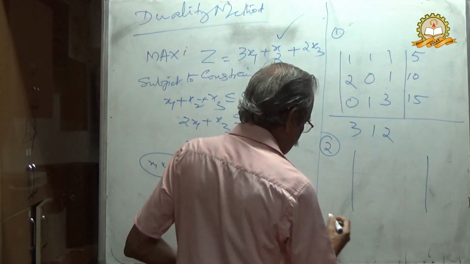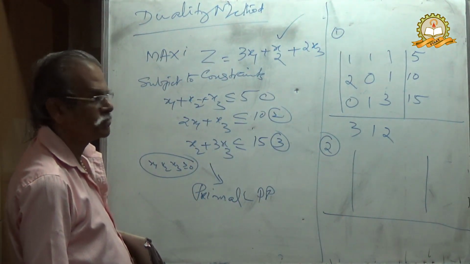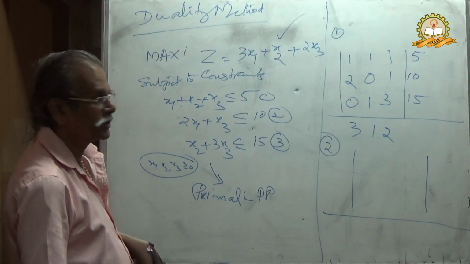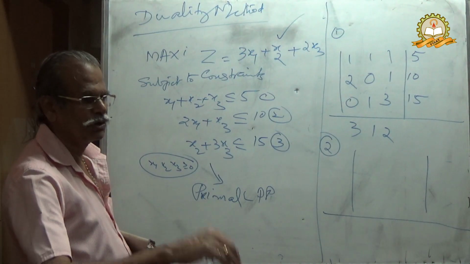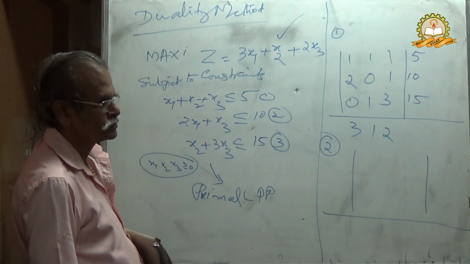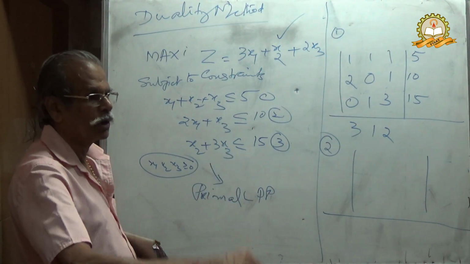Second step: again draw a line. Then interchange rows into columns, and columns into rows.